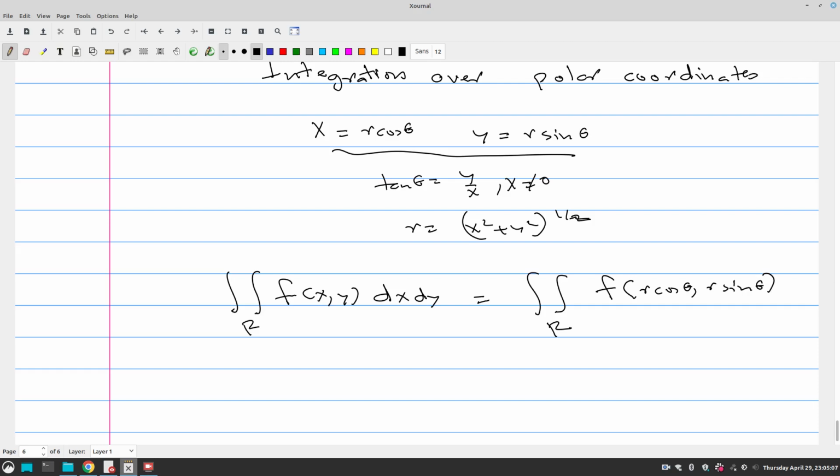But what's going to happen to the dx dy? In other words, what is the measure of integration? What is going to happen to dx dy? That's another question.